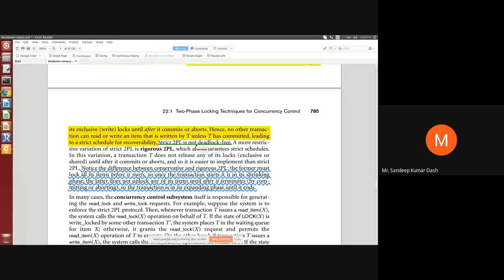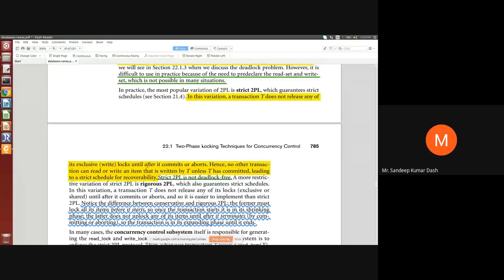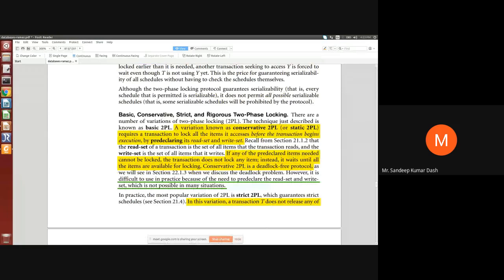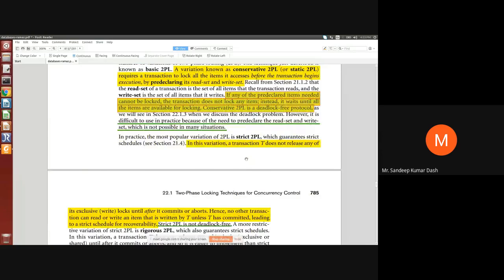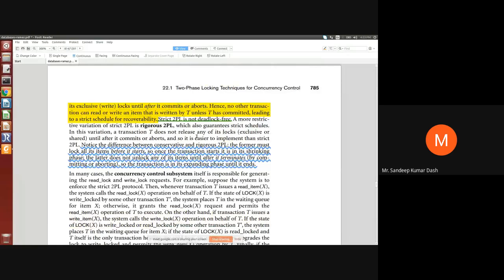Then apart from strict 2PL, there is another version, rigorous two-phase locking, which is more restrictive. It is stricter than two-phase locking. Strict two-phase locking says that you cannot release the write lock until the transaction completes.